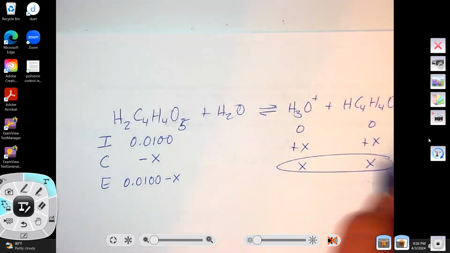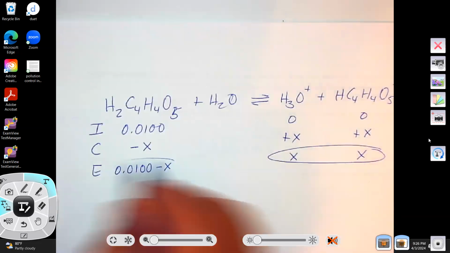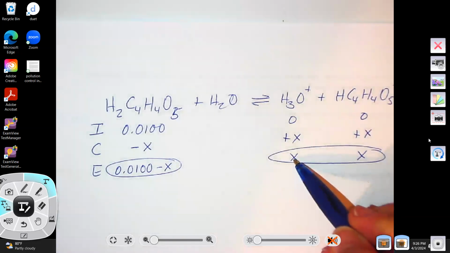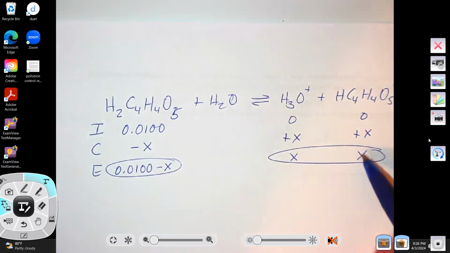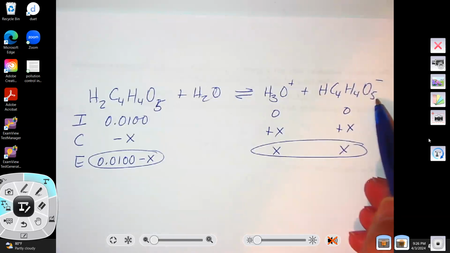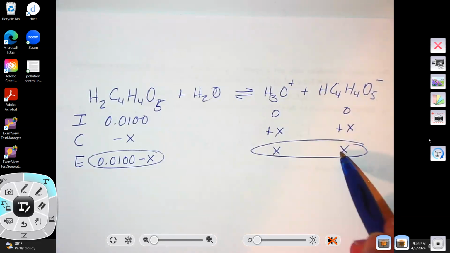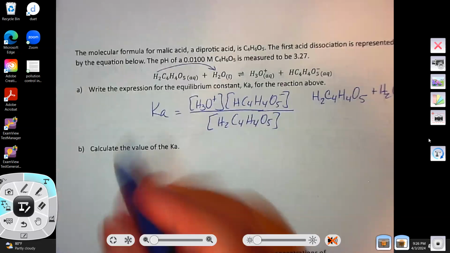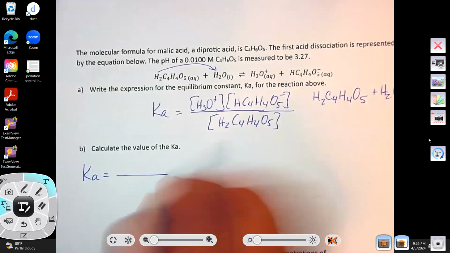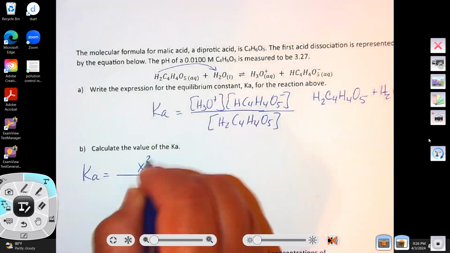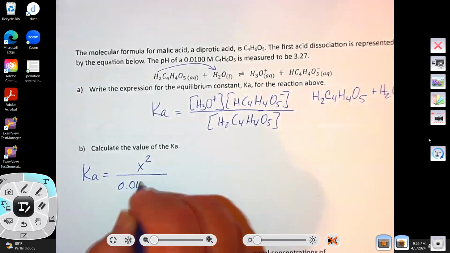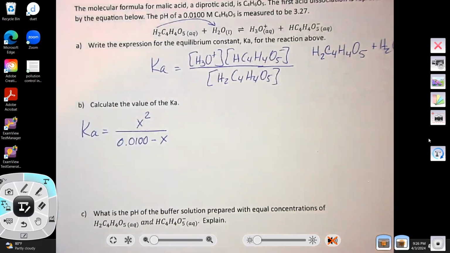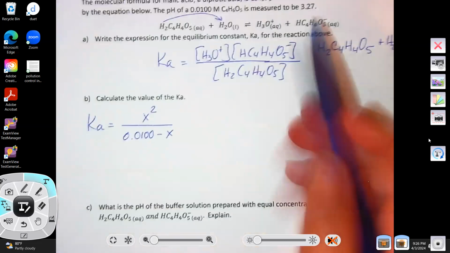So you're going to substitute this in the Ka. The concentration of hydrogen ion is X. The concentration of the conjugate base of malic acid is also X. These two numbers are the same, and the denominator is 0.01 minus X. So your Ka is going to be X times X divided by 0.01 minus X. But we don't have the value of X. However, we do have the pH.